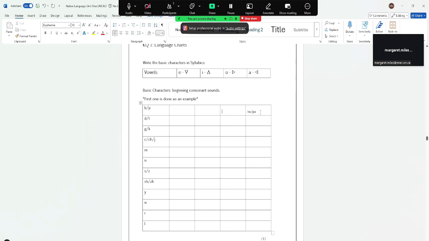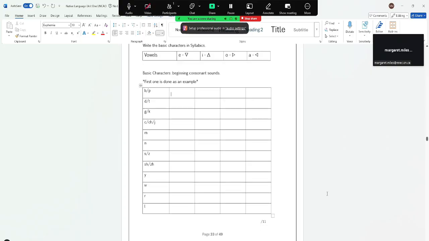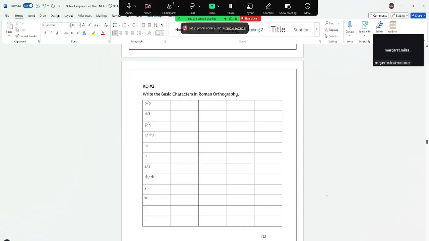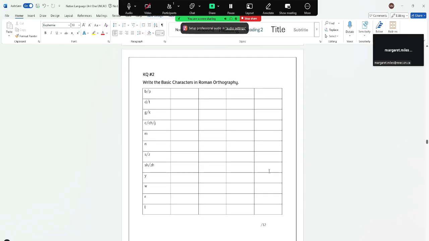The second one is written in Roman. So here you would write like that.